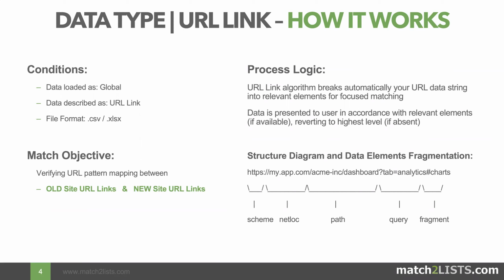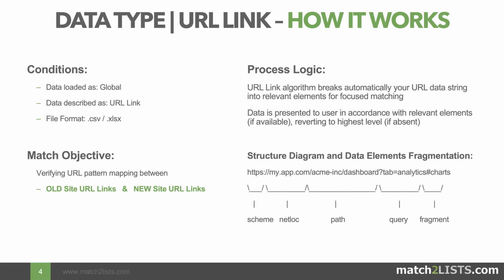The file format is a CSV or XLS, or the typical information that a database is structured in today. And the match objective is that of verifying a URL data string from essentially a planned exercise to an active database, and to provide a mapping between what we call old sites URL links and new sites URL links.